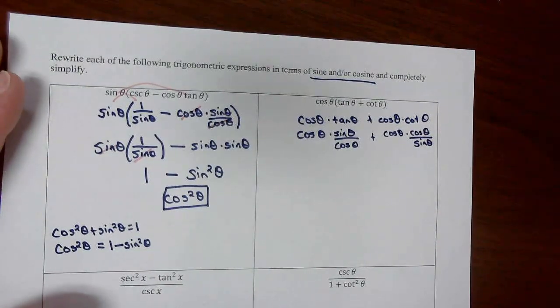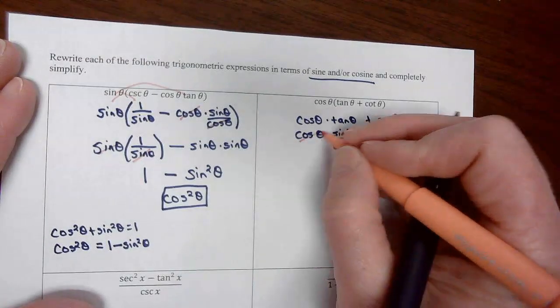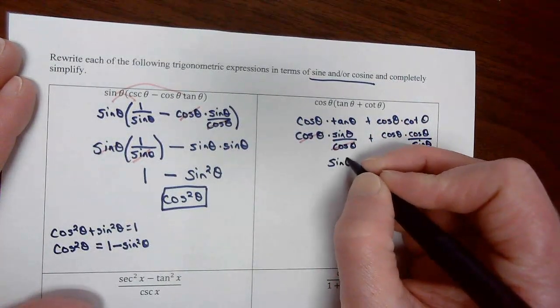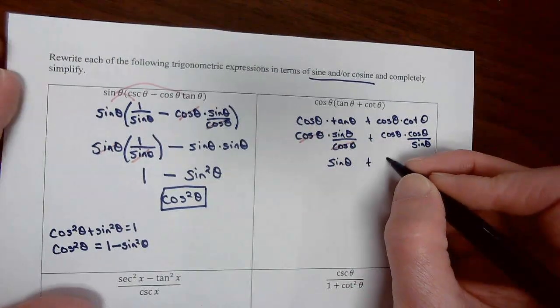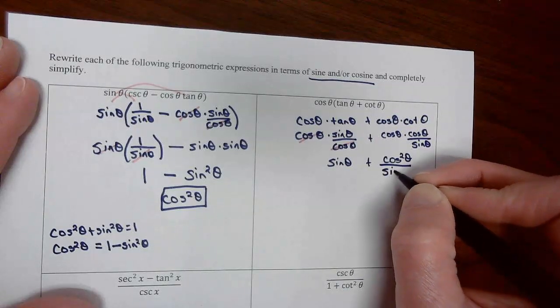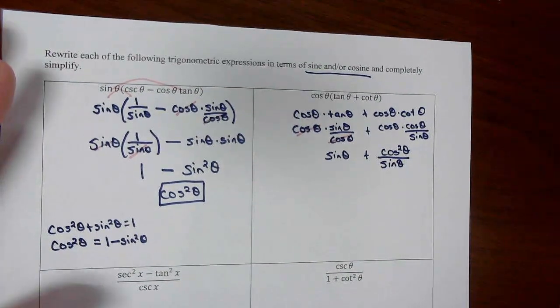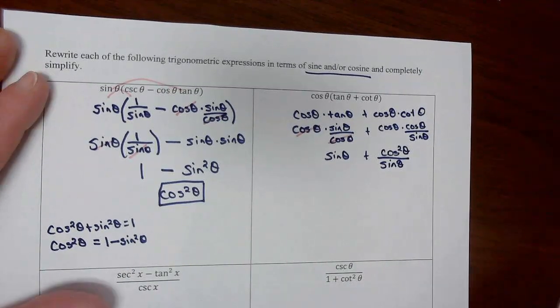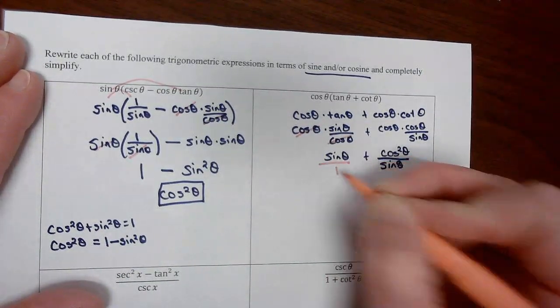Okay, so in this first one, these cosines cancel, and I'm left with sine plus cosine squared over sine, because cosine times cosine would be cosine squared. Now I notice I've got a fraction over here, so let's turn this into a fraction.